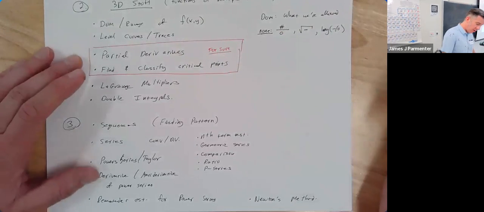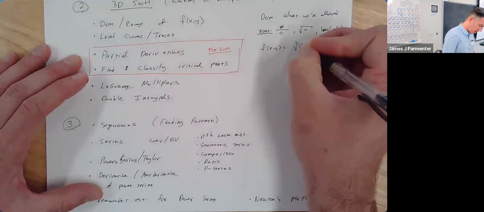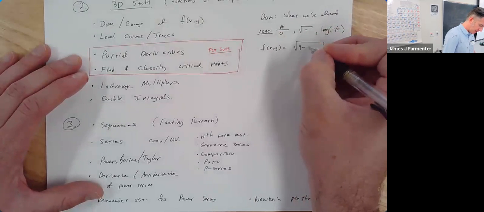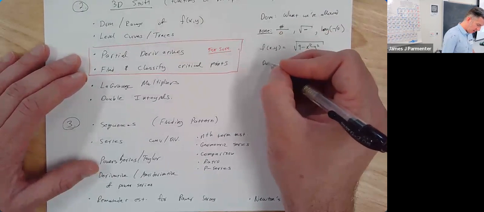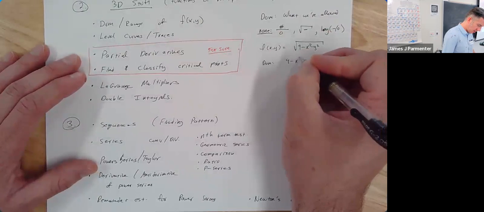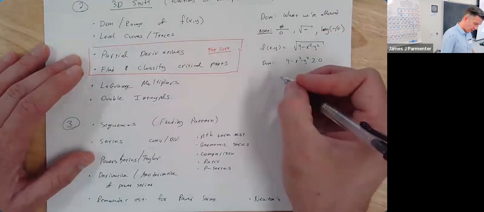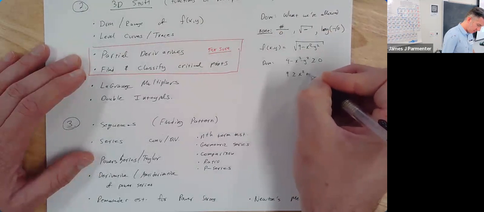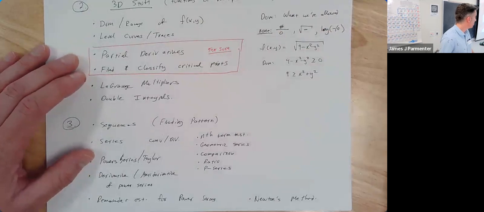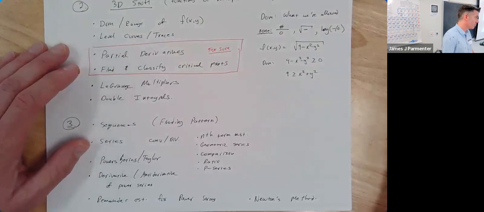So for example, if your function was the square root of 9 minus x squared minus y squared, then our domain would be 9 minus x squared minus y squared greater than or equal to 0, or x squared plus y squared less than or equal to 9. Which is the inside of the circle of radius 3 centered at the origin.